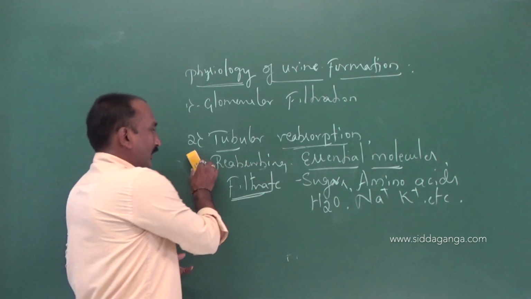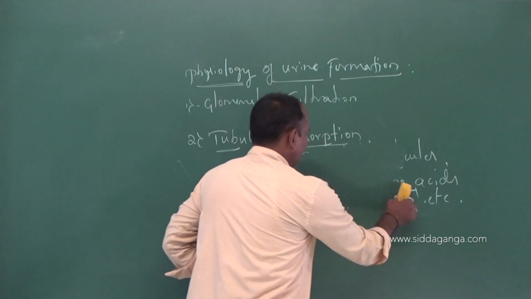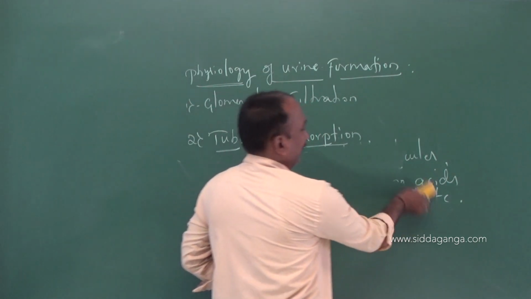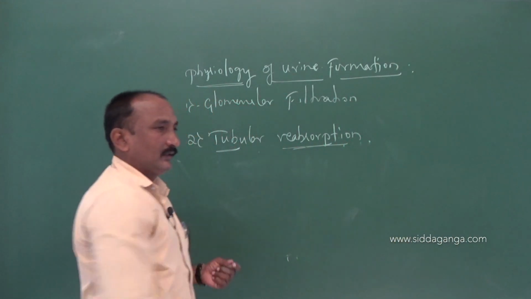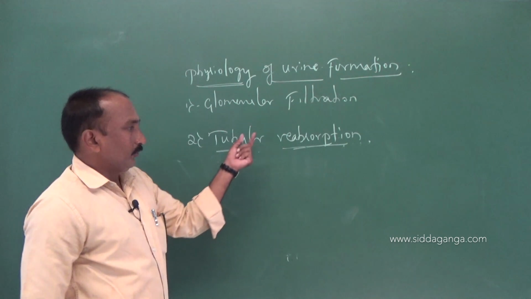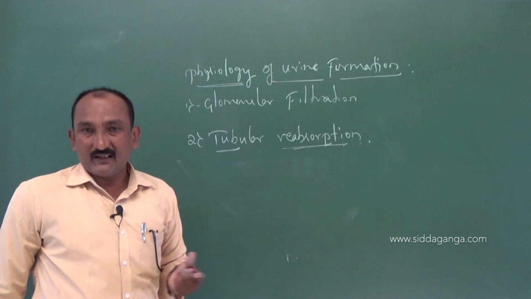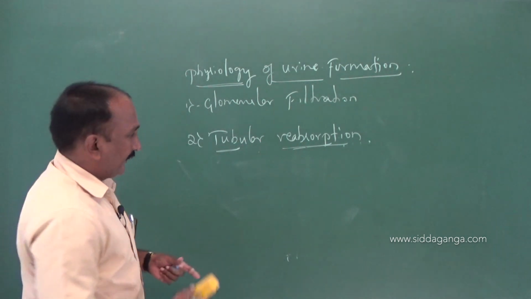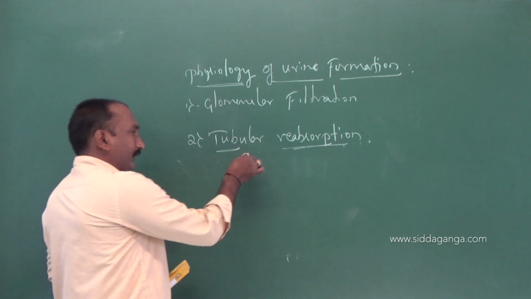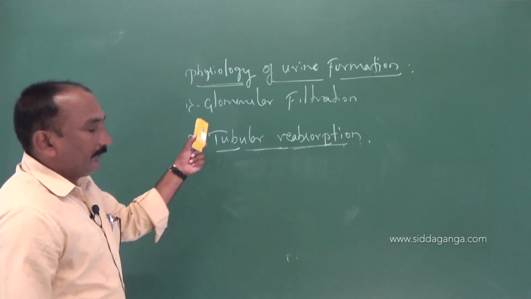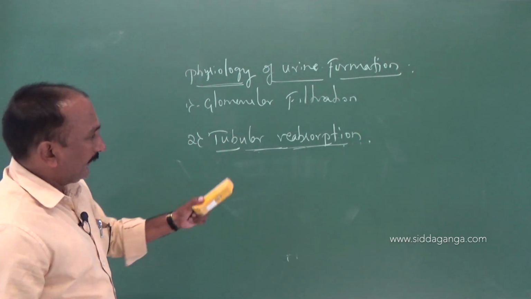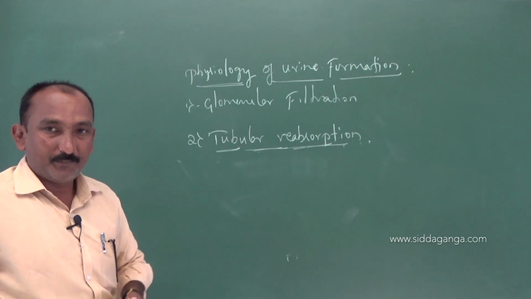Usually tubular reabsorption occurs within the various parts of the nephron. Of course, you know about the various parts of the nephron. Such parts are mainly involved in reabsorbing the essential molecules, that is, they are involved in tubular reabsorption.